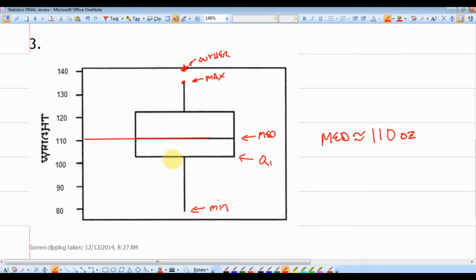They'll always be separated, ending up as a little box or an asterisk outside there. So that would be an outlier on the low side. This right here says max, but what it really should be is the maximum non-outlier. And this right here is the minimum non-outlier.